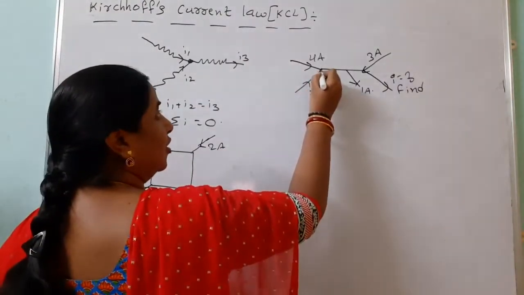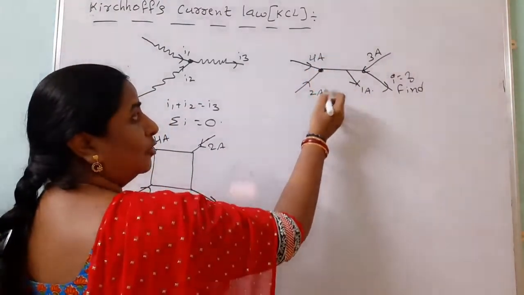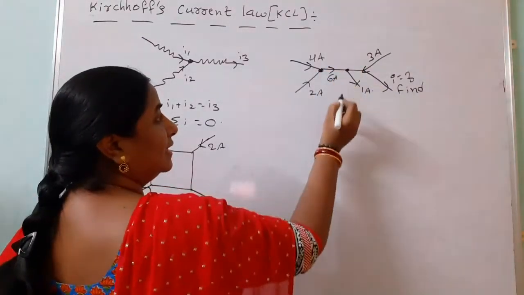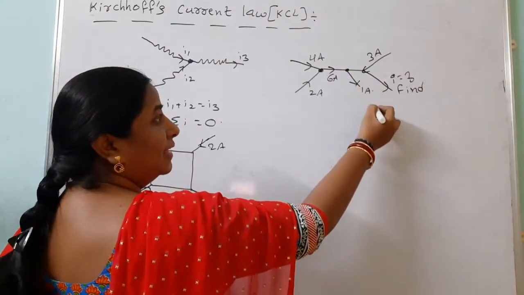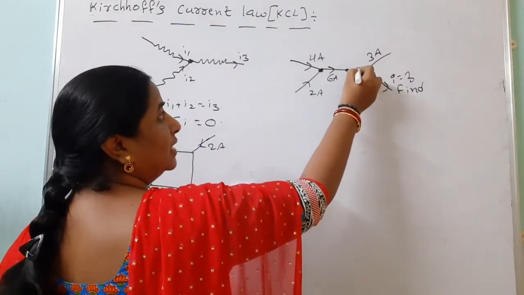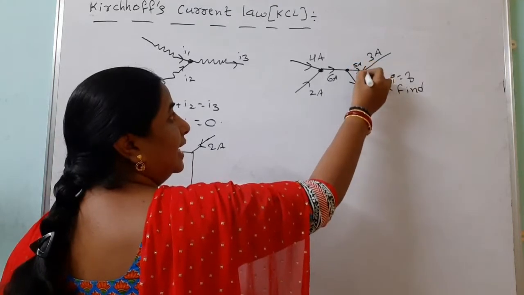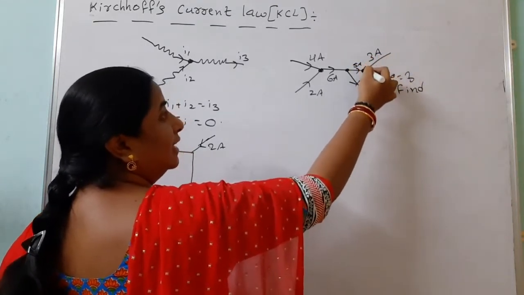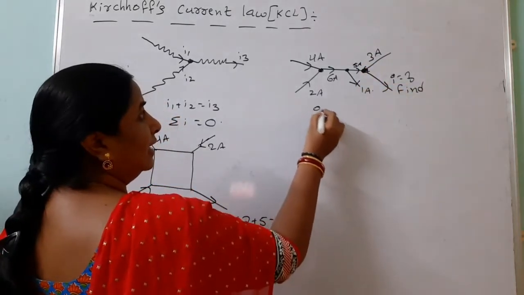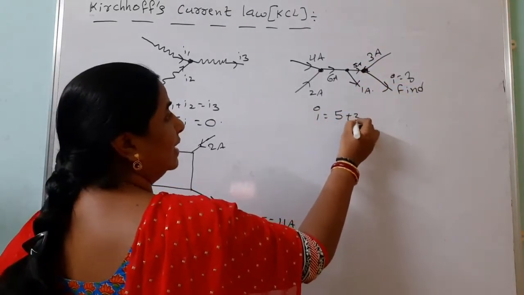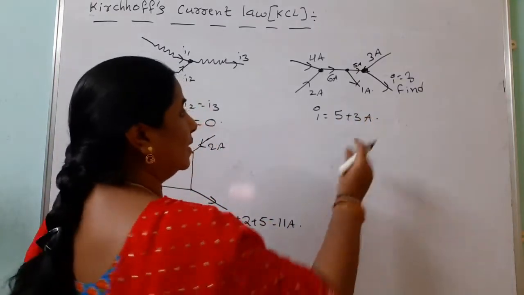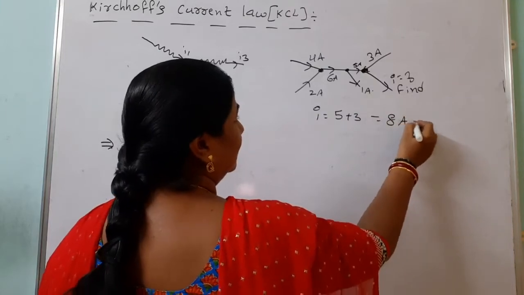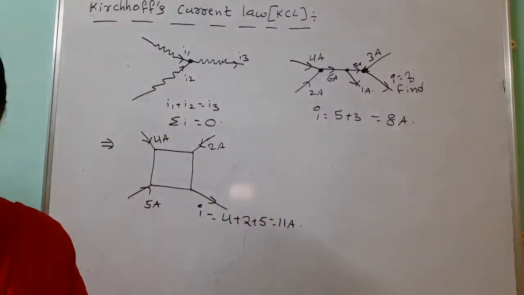Both are incoming currents, so 4 plus 2, how much? 6 amperes. At this junction, one current of 1 ampere is going out like this, so the remaining here is 5 amperes. At the next junction, 5 and 3 are the incoming currents. So the final current I equals 5 plus 3 amperes, which is 8 amperes. Whatever the problem is, we can solve it with the help of the junction rule.